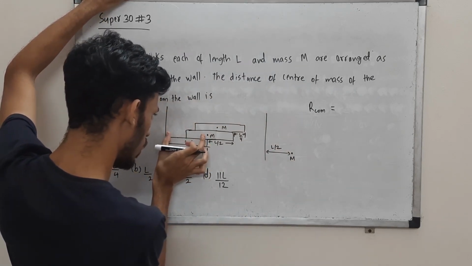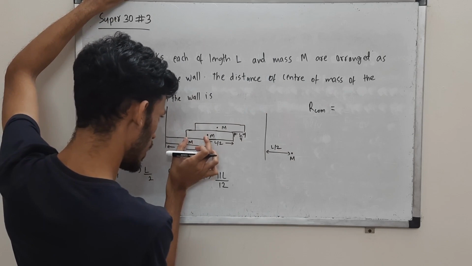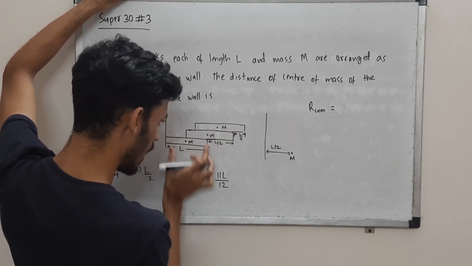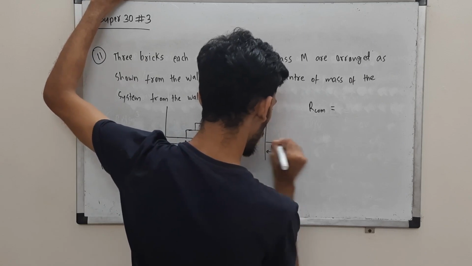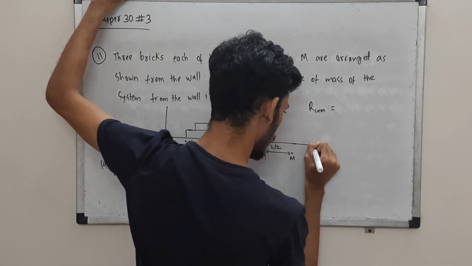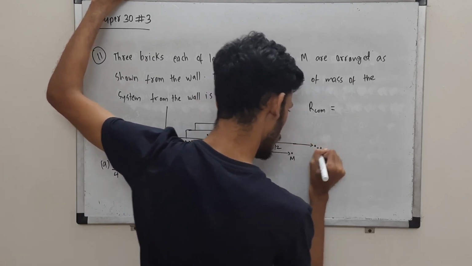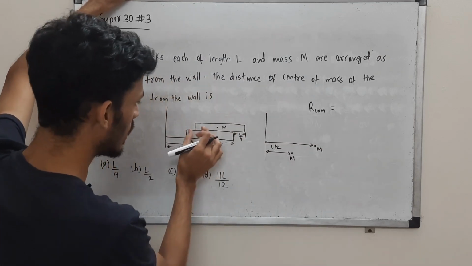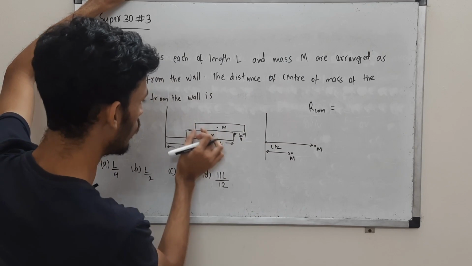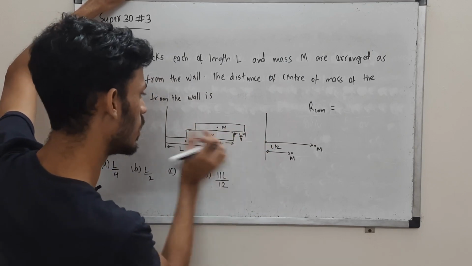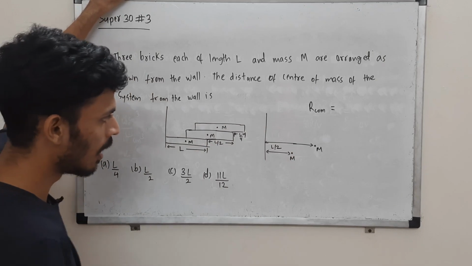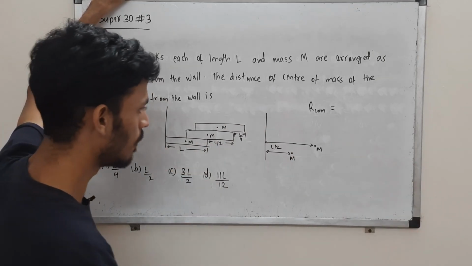Now let's see this one. This is at a distance of L by 2 plus L by 2, that is, at a distance of L. So at a distance of L, we have one more mass m due to the second brick. The above brick is shifted by length L by 4 as compared to the second one, so its center is also shifted by L by 4.